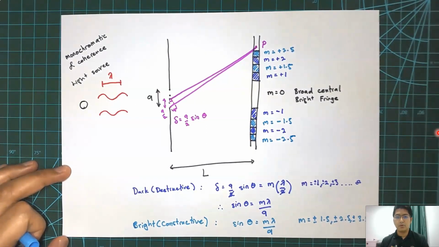Okay, that's for single slit diffraction. It is quite different compared to the two-slit Young experiment. The difference is actually in the equation and the condition given.